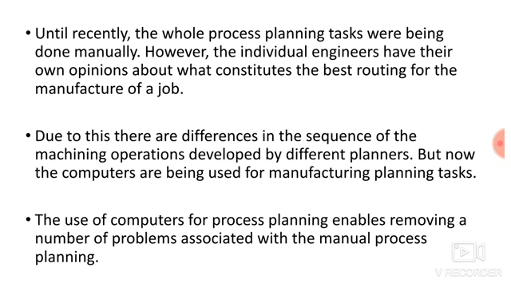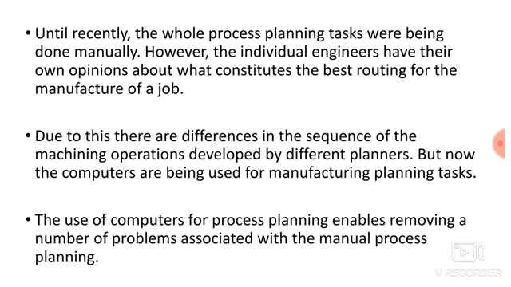You can alter the operations also. So it depends on the engineer who is working there and his experience. On the basis of his experience, he will decide the sequence of operations. Due to this, there are differences in the sequence of machining operations. As you can alter the sequence, you may find different sequences for a similar product.